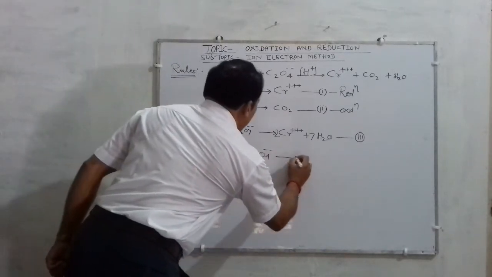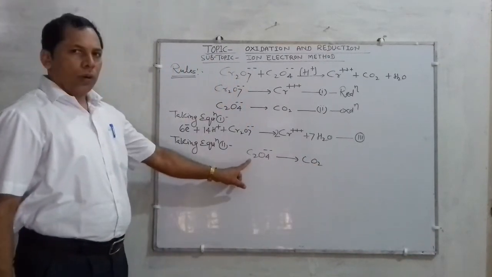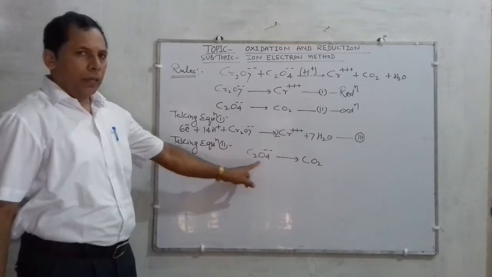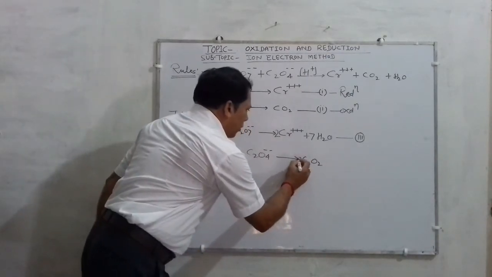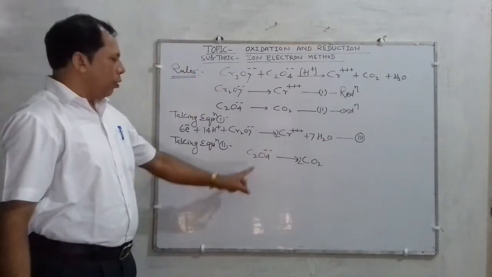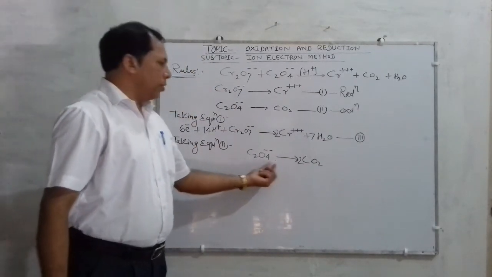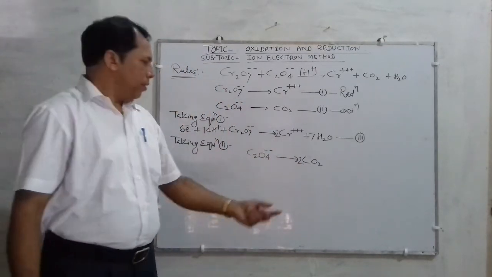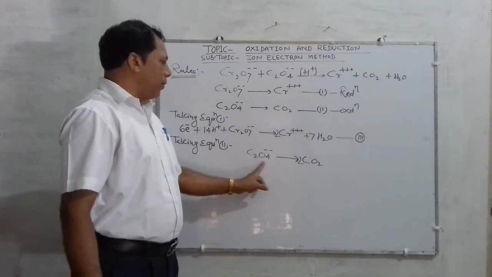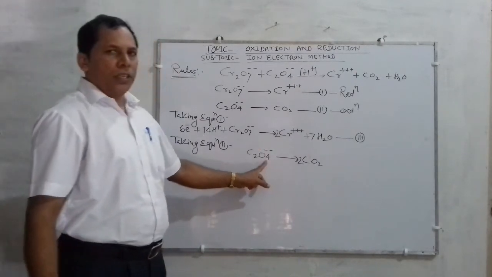Taking this equation, C2O4 minus 2 changing into CO2. Go on the basics: 2 carbon here, 1 carbon there, balance by multiplying by 2. Now all the atoms on both sides become balanced: 2 carbon, 2 carbon, 4 oxygen, 4 oxygen. What is not balanced is the 2 minus charge here.